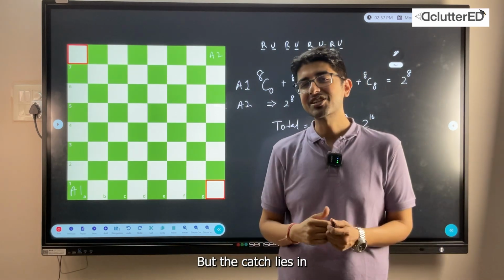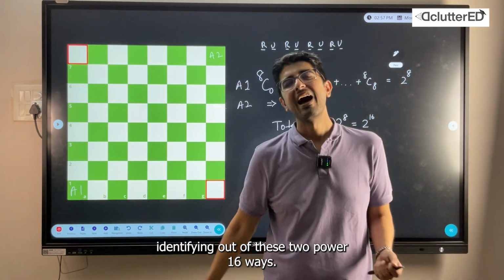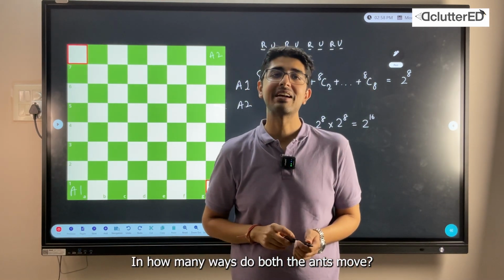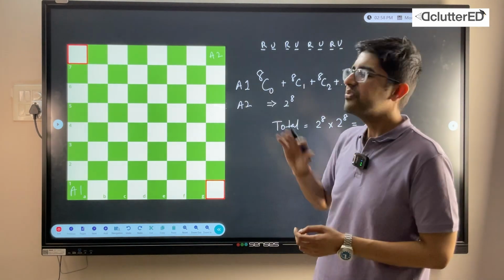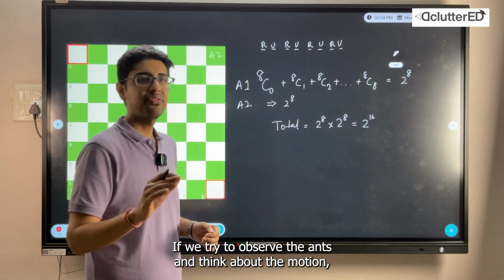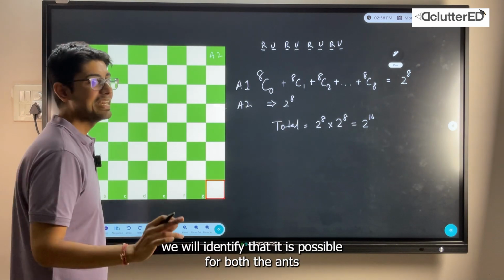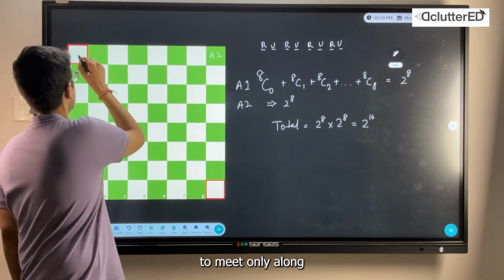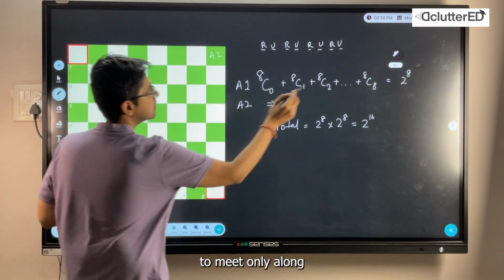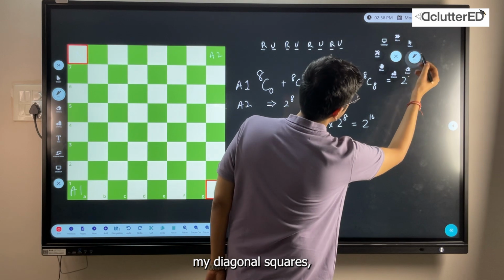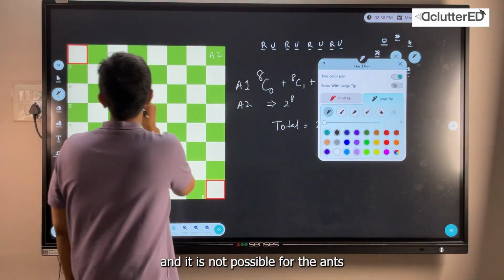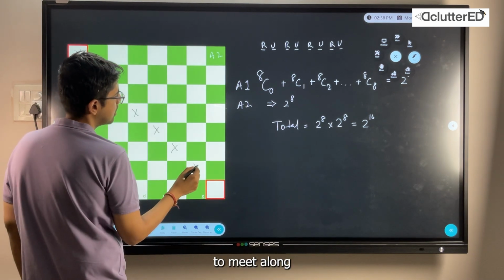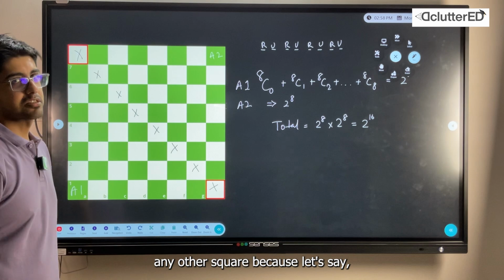But the catch lies in identifying, out of these 2 power 16 ways, in how many ways both the ants meet. If we observe the ants and think about the motion, we will see that it is possible for both the ants to meet only along the diagonal squares, and not along any other square.